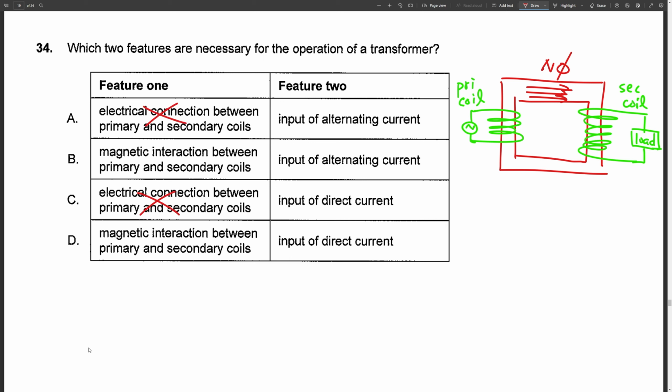And there is a magnetic interaction between the primary and the secondary. Also, the power supply here must be an AC supply. Using a DC supply, it won't work. And the detail shall be gone over in some other teaching. Here, the short answer is alternating current being the input, and the answer is B.